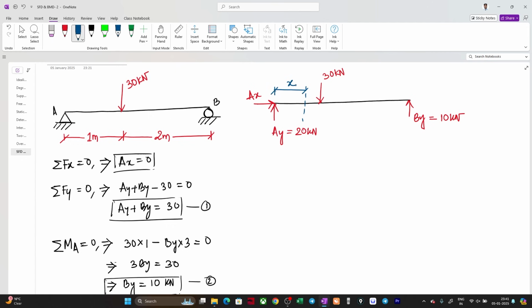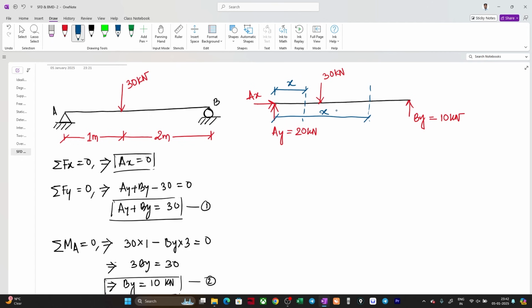Let us say this is my x. Okay, this is my x, and then we need to draw another section on the other side. It will be somewhere here, and this is also x.